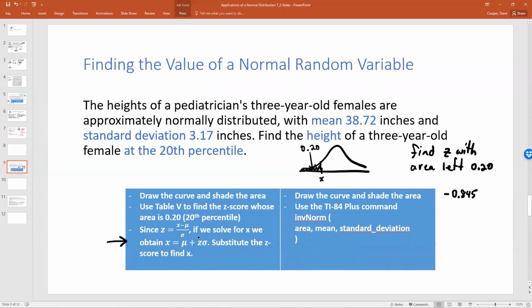Now we've got a Z value to plug into our formula. So X is going to be equal to mu, which is 38.72, plus my Z-score of negative 0.845 times sigma, which is 3.17.